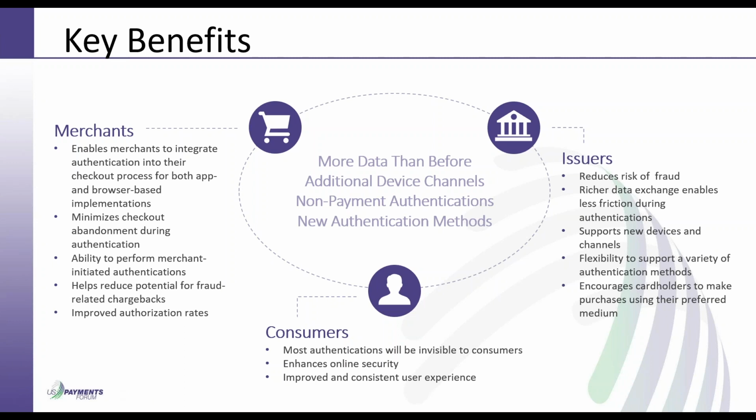New devices and channels are supported and can be considered by issuers to present the most appropriate form of authentication. And the flexibility to support many different authentication methods still remains. And also, lastly, the cardholders are encouraged to transact how they want to.